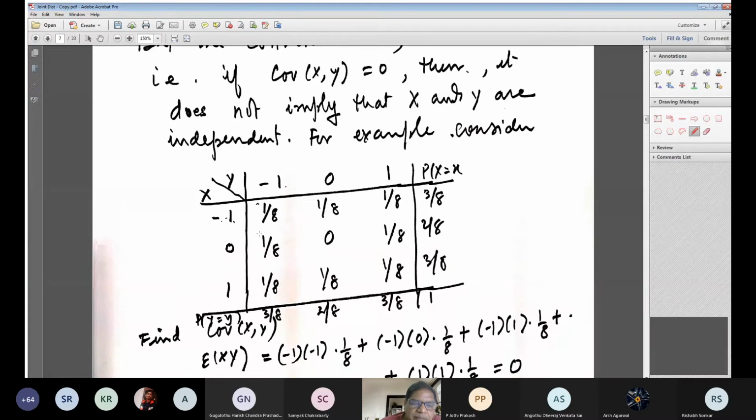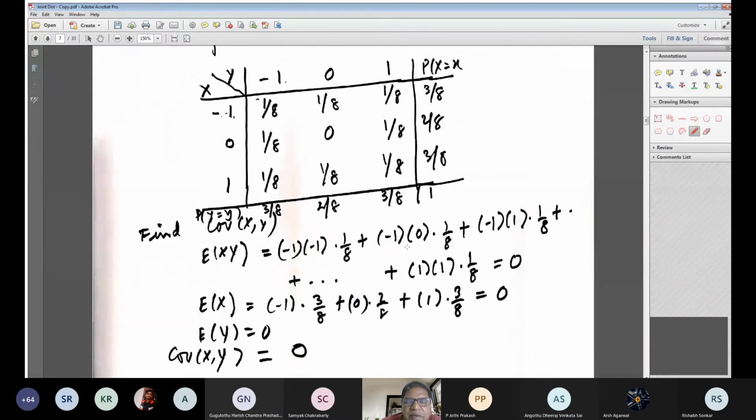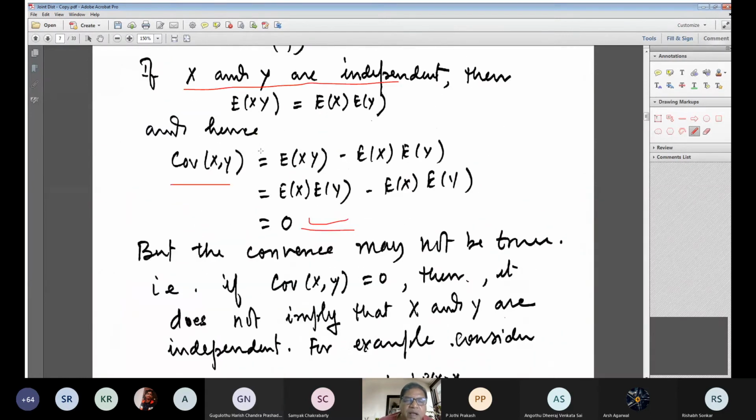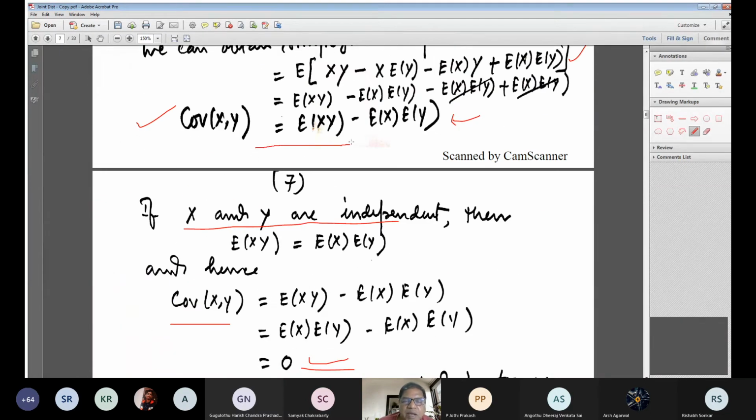So let us take one example to demonstrate this result. Say x takes value minus 1, 0, 1, y takes value minus 1, 0, 1, and the joint probabilities are given here. Now, here I am demonstrating how we calculate E of xy. Because we have to find out the covariance of xy, the simplified expression is this one, so this result we use.